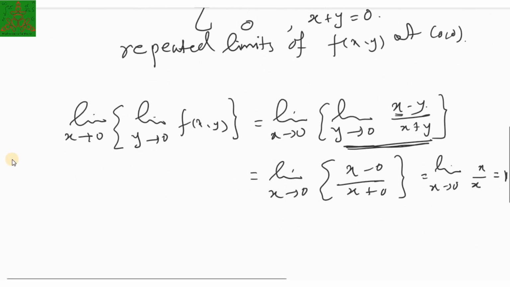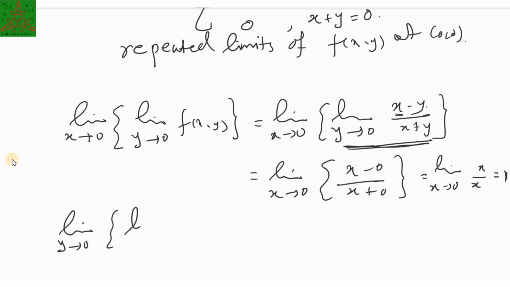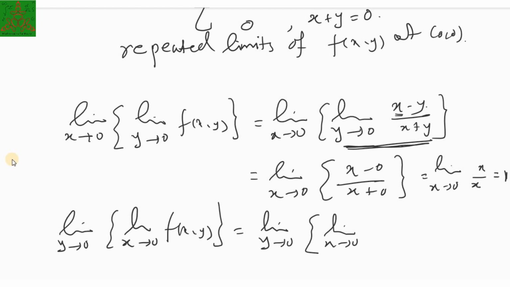On the other side, the other limit, limit y tends to 0, limit x tends to 0 of f of (x, y), is equal to limit y tends to 0, limit x tends to 0 of (x minus y) upon (x plus y).